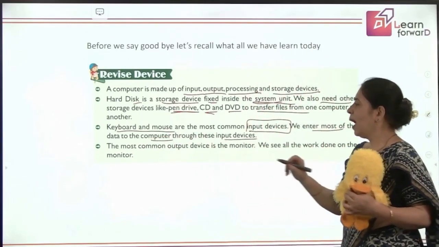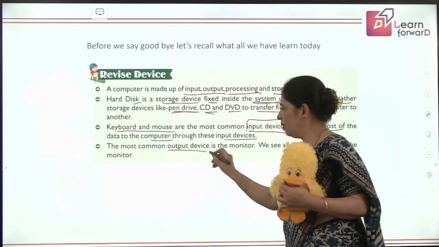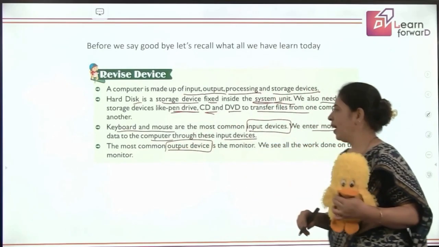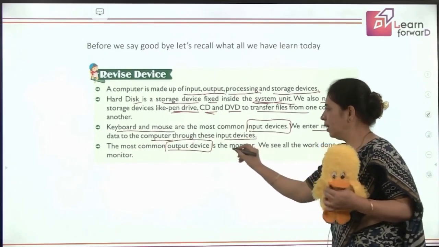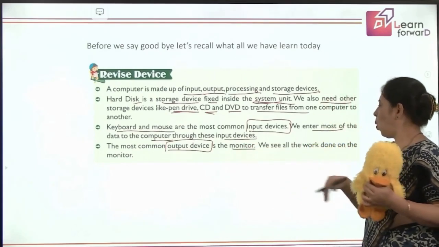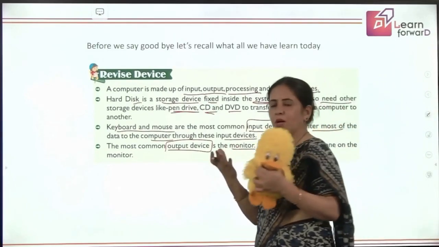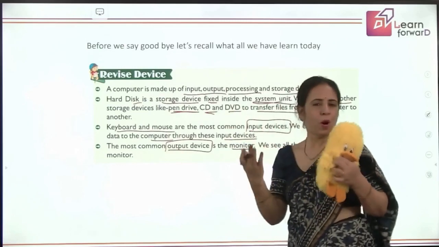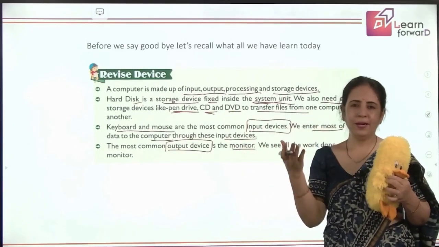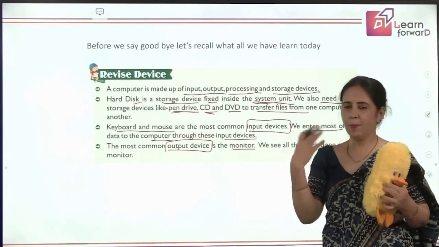And now we come to the final one, that is the output device. So very commonly used output device is monitor, and we could see all the work that we are doing on the computer on the monitor. And yes, there are several more output devices like printer attached to our computer.